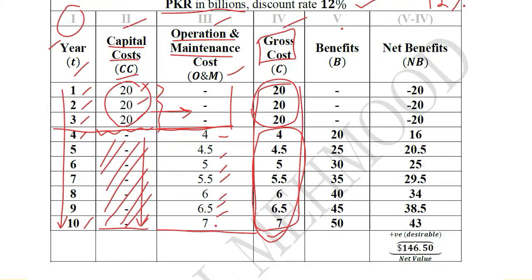So benefits, they are also showing some relevance to the initial phase of construction. Till the first 3 years, there are no benefits, and definitely if the project is not completed and it's not constructed, we cannot expect any benefits.